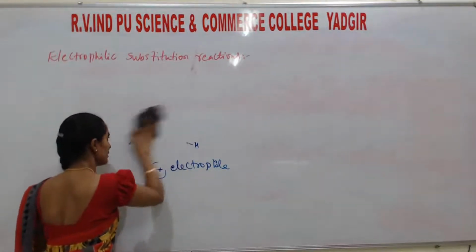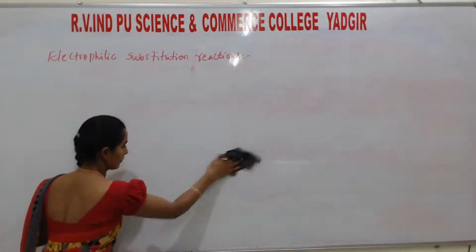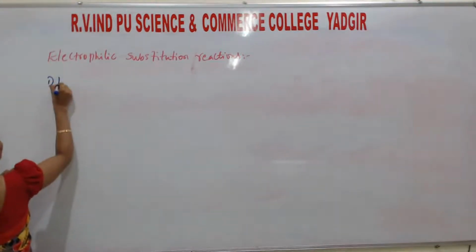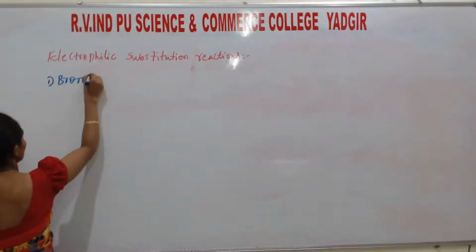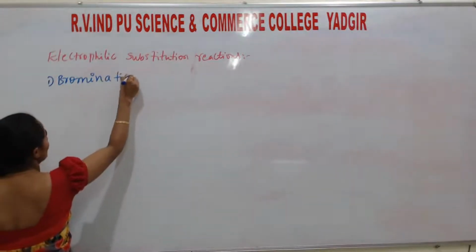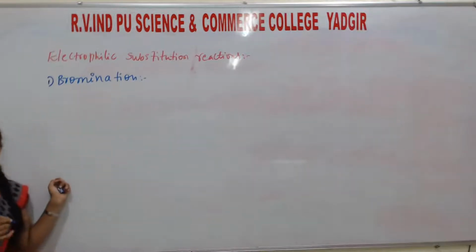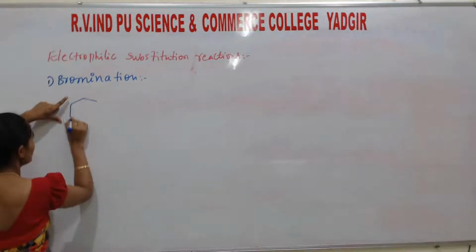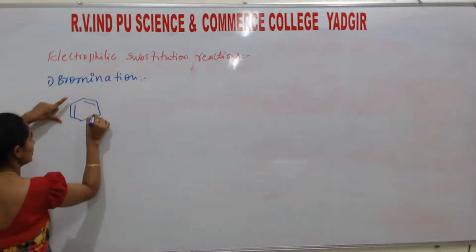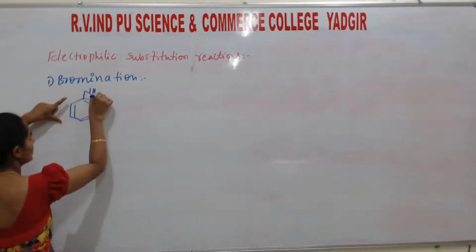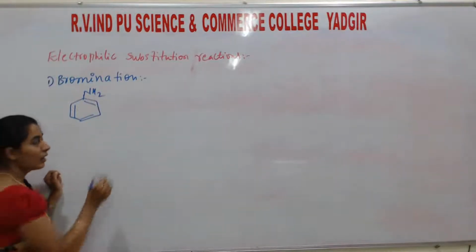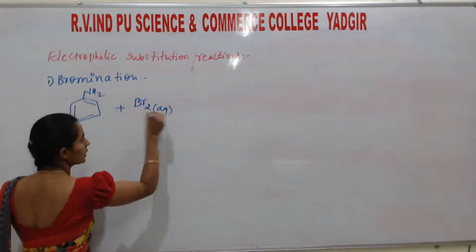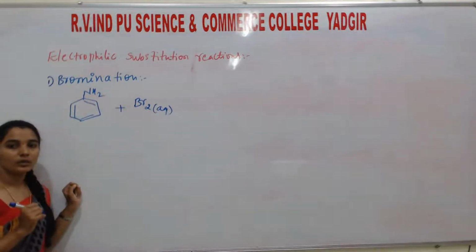So first one is bromination. So students, when this aniline reacts with bromine water, aqueous solution, that is bromine water.